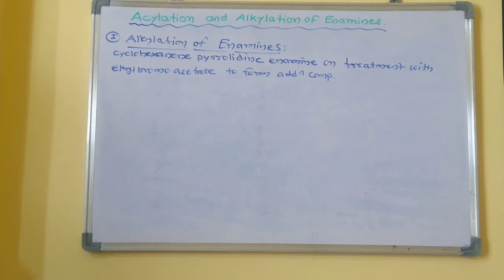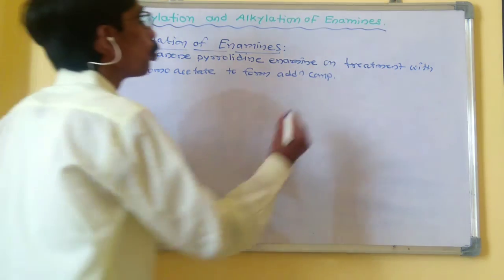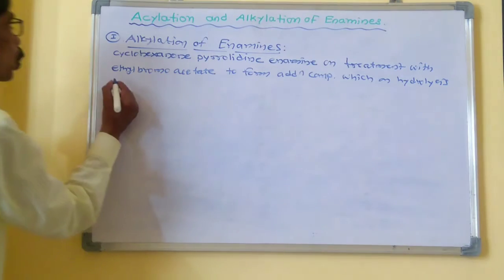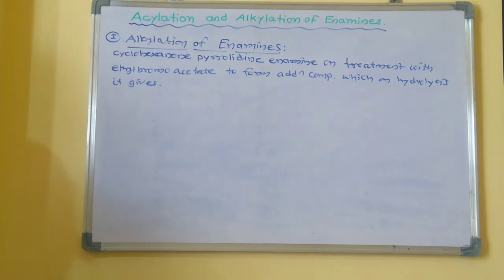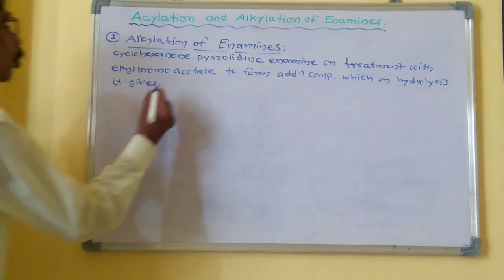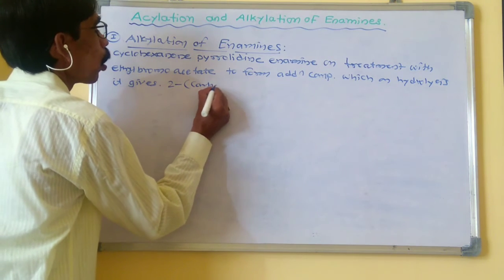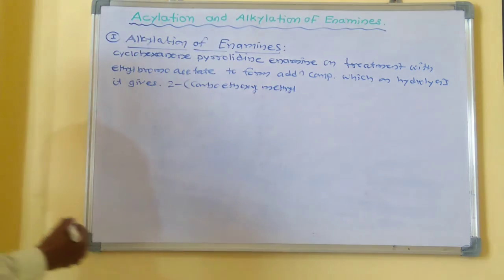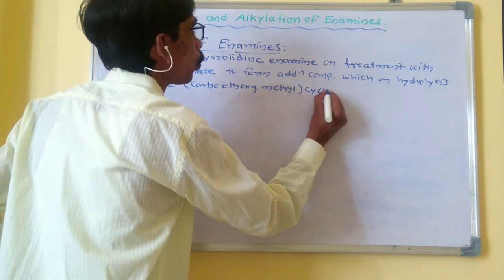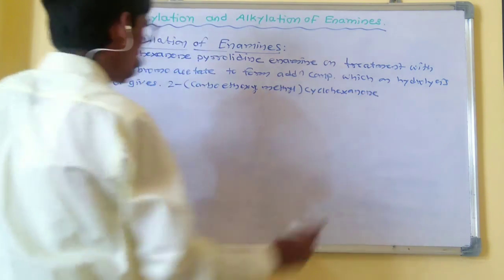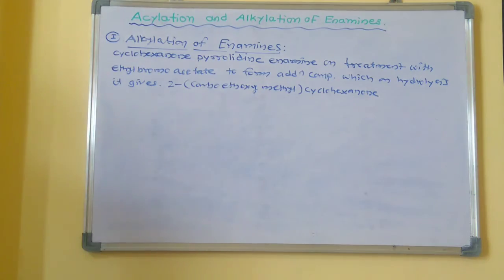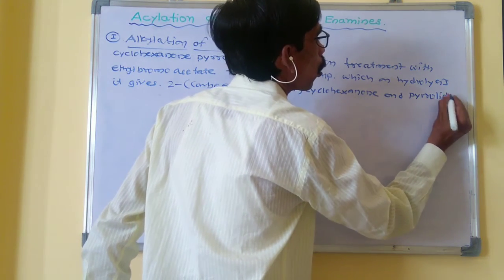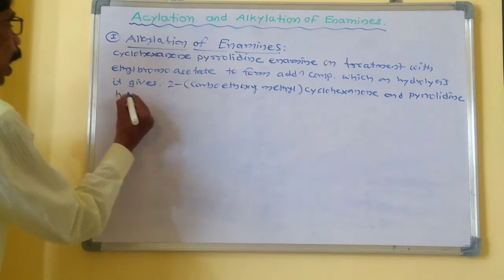The addition compound on hydrolysis gives 2-carboethoxymethyl cyclohexanone and pyrrolidine hydrochloride.